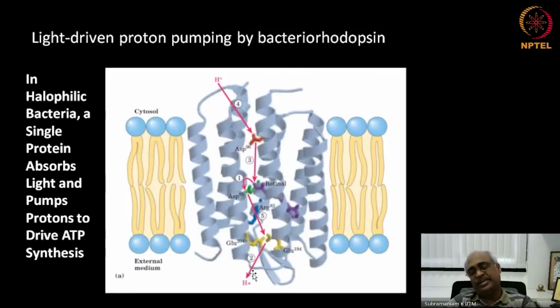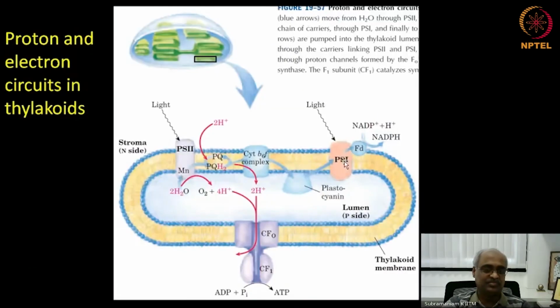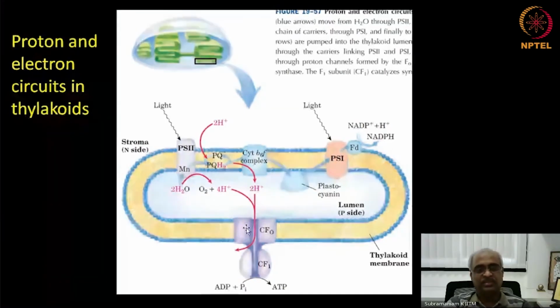Okay, a small detour into evolutionary history before we go to the carbon assimilation reactions. There is a simpler proton pump, which is directly activated by light. So there is no such complex thing like this, where you have a separation of activation and pumping.